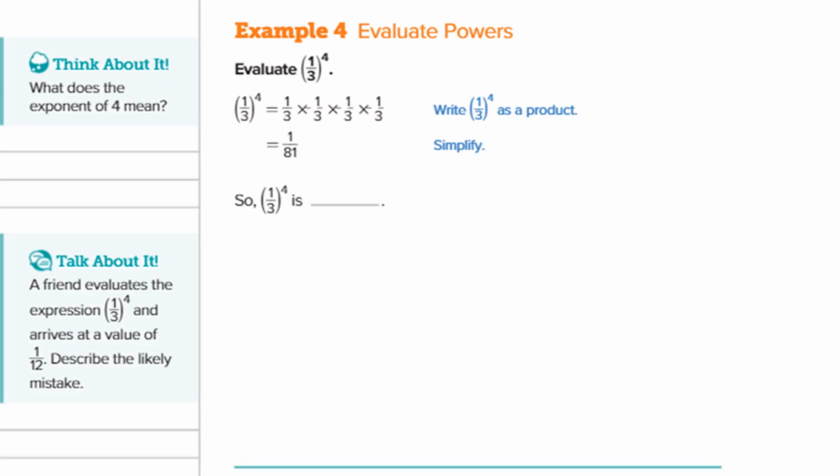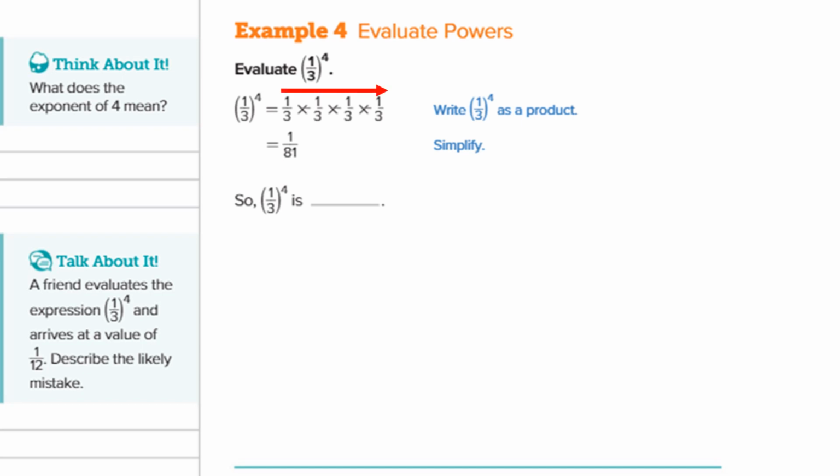All right, so what about when we get into fractions? Well, please don't make it complicated. When I see that I have a fraction of 1/3 as my base, and I have an exponent of 4, notice they've written down the 1/3 as factors multiplied by itself 4 different times. And then I ask myself, can I multiply fractions? Yes. How do I do it? I multiply across.